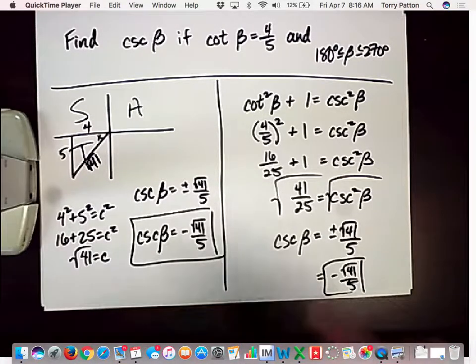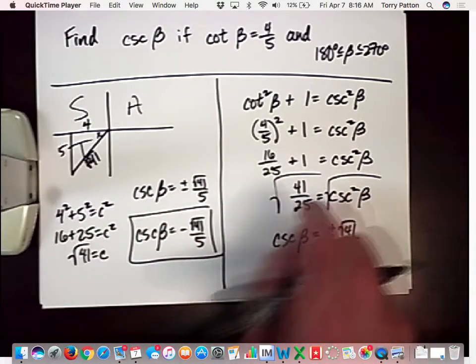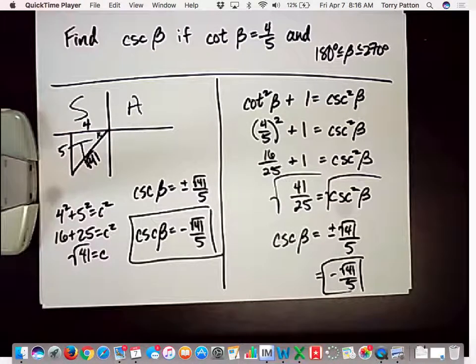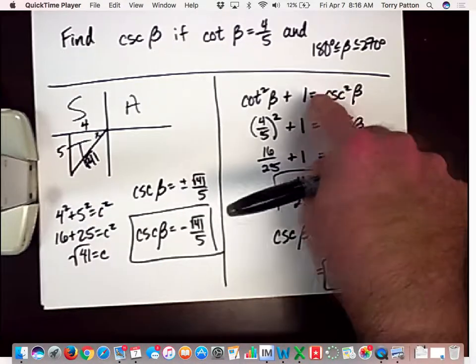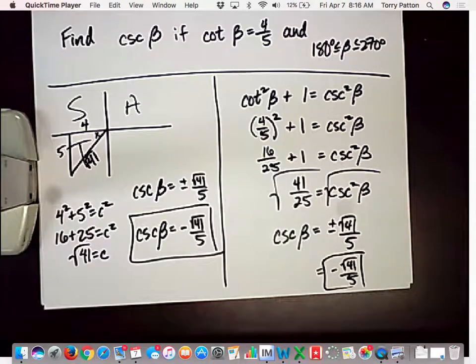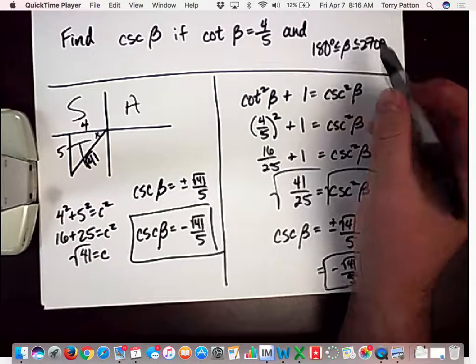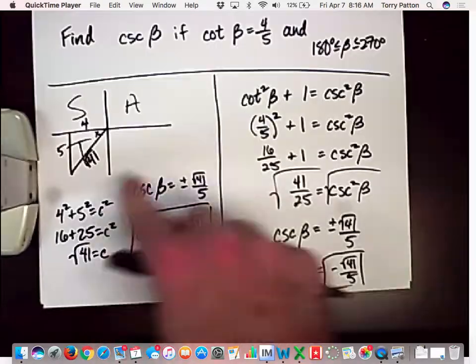I personally don't mind which one you use. In the next section that we're going to cover, you have to use the identities because you can't draw a triangle if you don't know what quadrant it's in. If you know what quadrant it's in, then you can draw the triangle or do the identity.